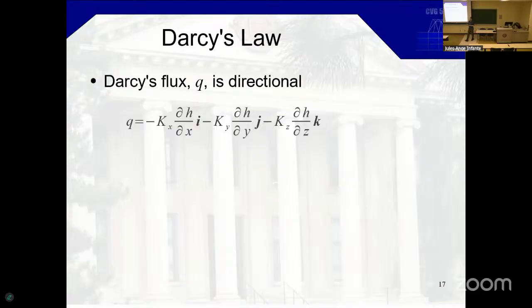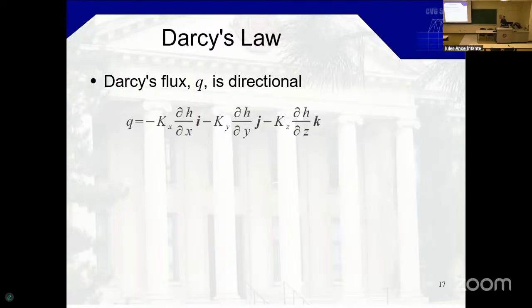It is not a scalar value. Typically we will indicate it with either an arrow or making it bold. So Q is a vector and it depends on the hydraulic conductivity in each direction, which may differ from each other, okay? So you don't always have the same hydraulic conductivity in each direction.